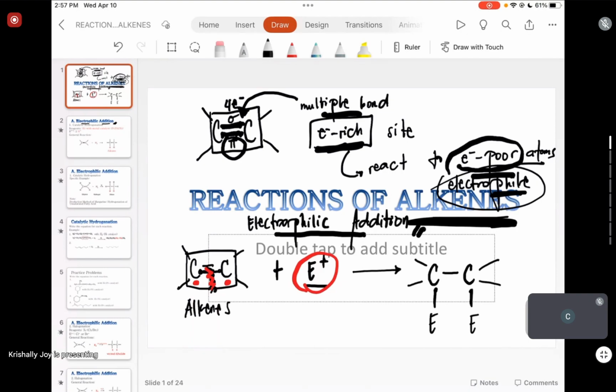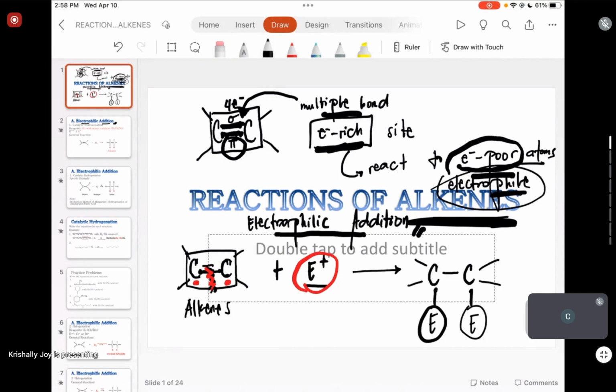So yung magiging concept niyo dito, for the electrophilic addition to happen, i-break muna natin yung pi bond, para each carbon will now facilitate accepting of the incoming electrophile, whatever electrophile that is. Tsaka mo sila maa-add if na-break na natin yung pi bond.